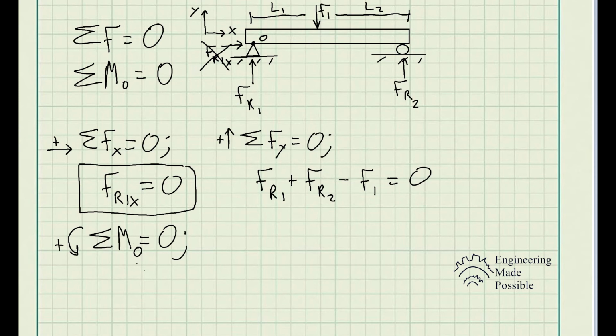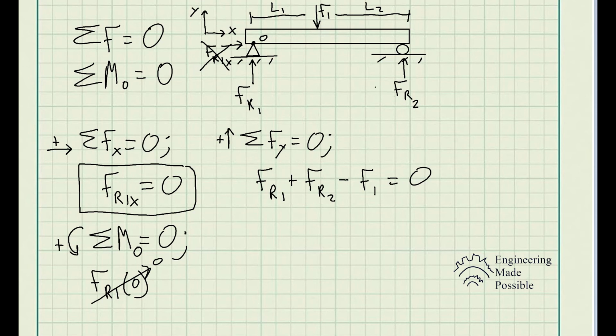In this case, we decided to go with O. So the reactionary force FR1 times, in this case, is going directly at that origin. So in this case, there is no perpendicular length, so it's going to cancel out. It's going to be 0. There is no moments about this point O that would cause any kind of rotation. So in this case, there is no moments caused by this reactionary force.